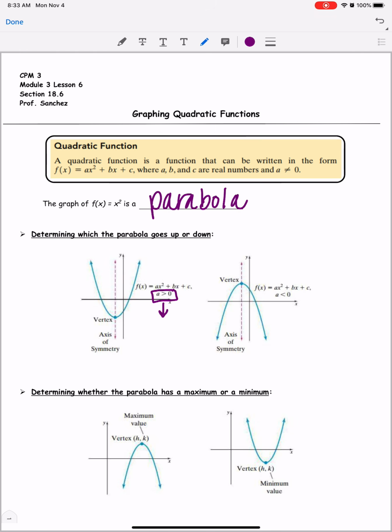So in other words, when a is positive. Okay, then the opposite, it's going to go down, and what we mean by down is it opens down when a is less than 0, or when a is negative.